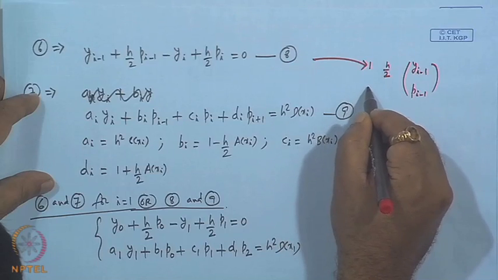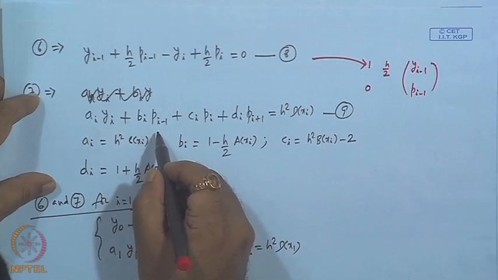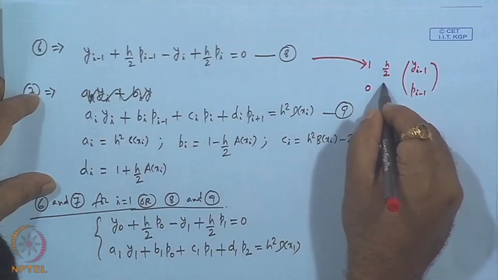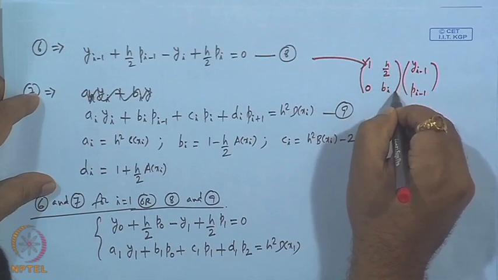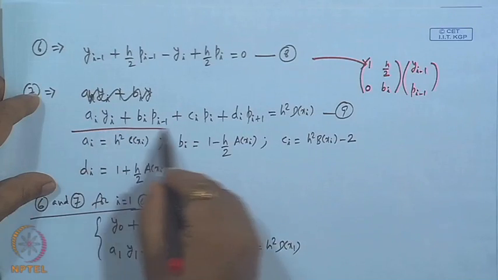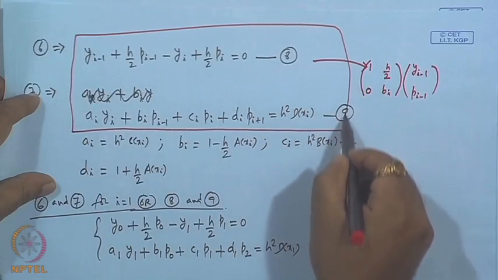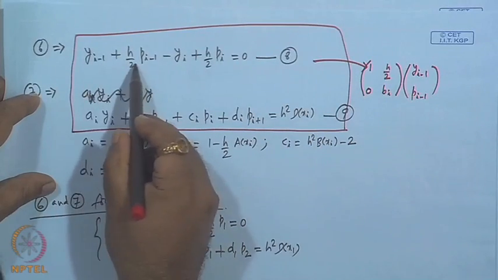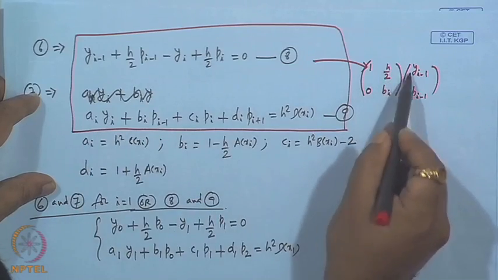Therefore, we expect 0 there, whereas for p I minus 1 we have B I. So, what did we achieve? These two equations, so two terms we have produced and these two terms yes we have produced.